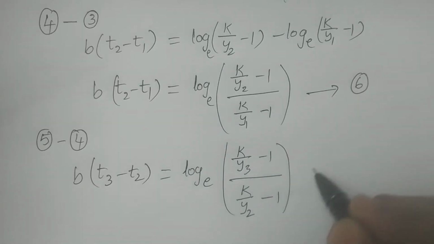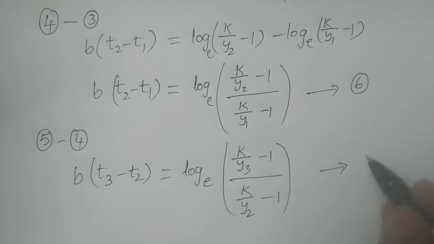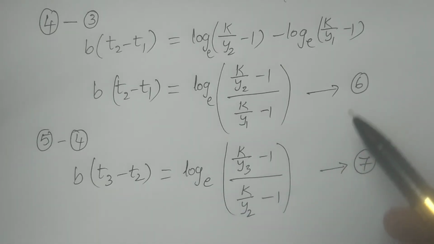These are the values we have obtained, and this is another equation. So there are two equations we have obtained by subtracting 4 and 3, and 5 and 4.